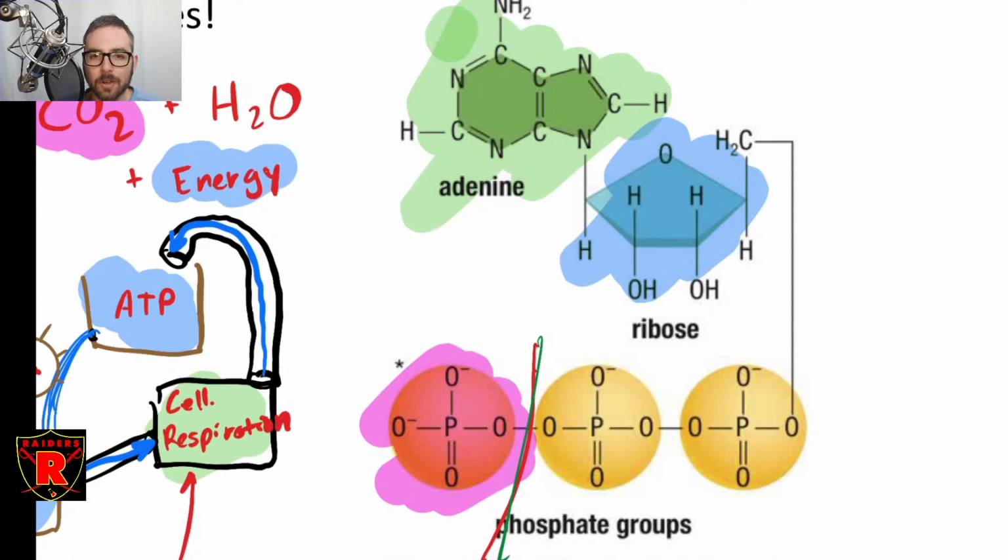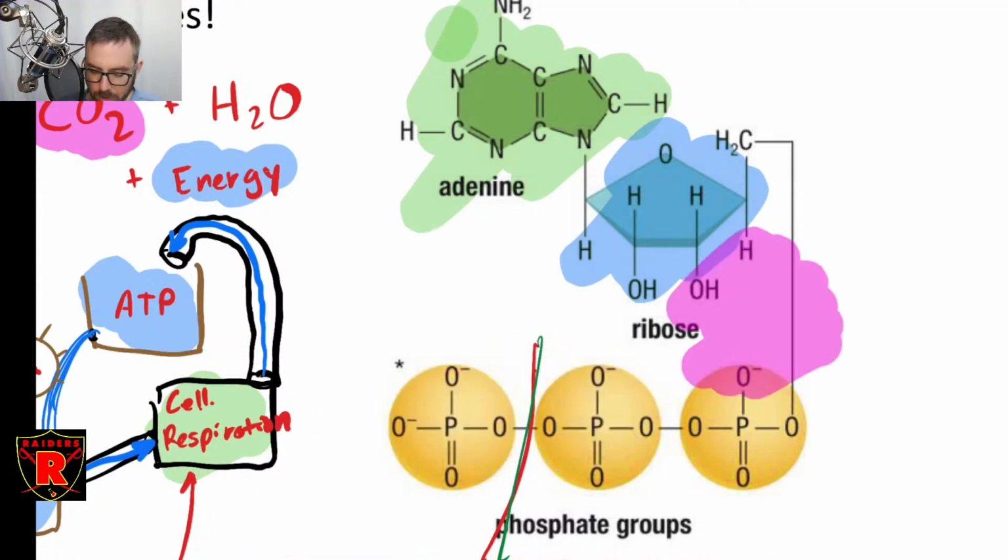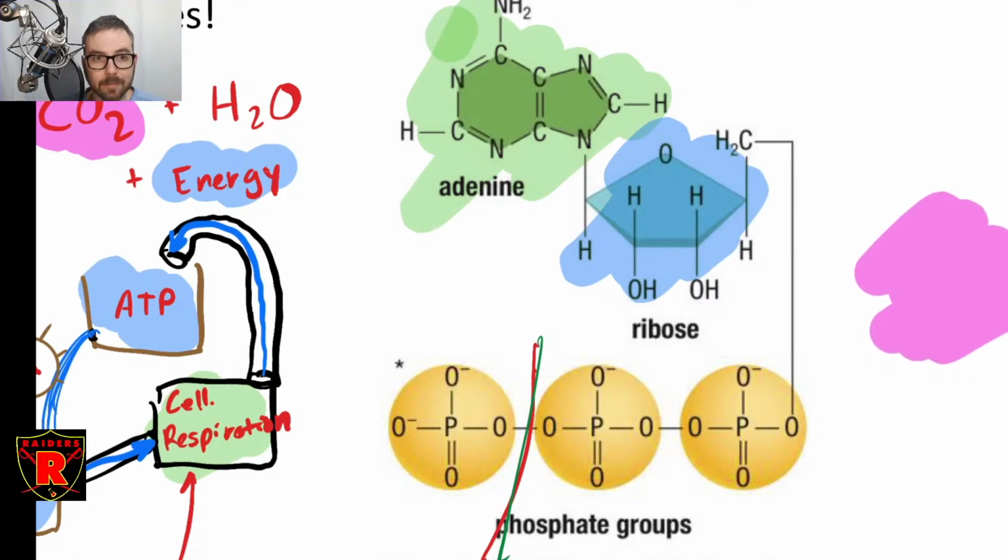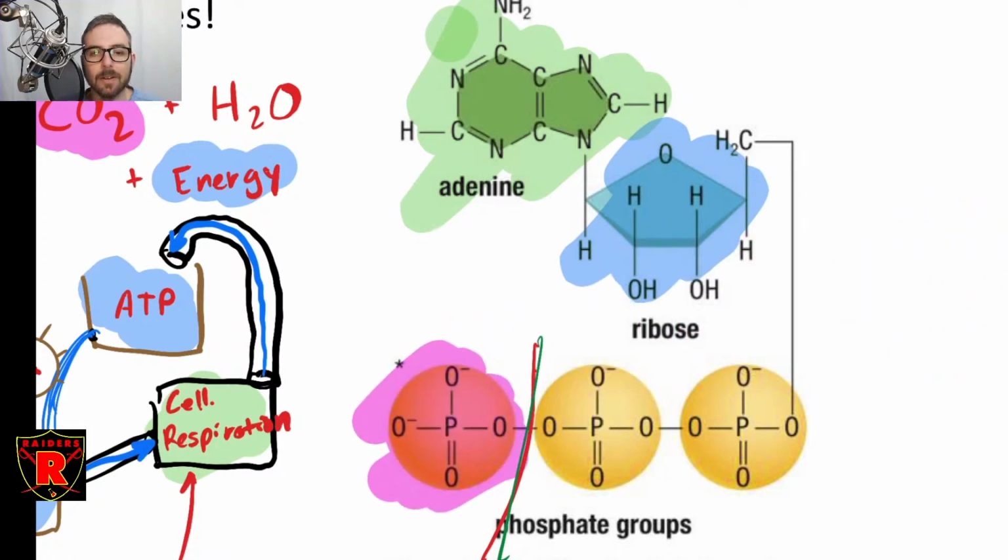And whenever an ATP, adenosine triphosphate, tri meaning 3 phosphates, gets stuck to something that uses it, it's going to pop this last phosphate off. And as it pops that phosphate off, it releases the energy contained in the adenosine triphosphate. And then it becomes adenosine diphosphate, di for 2.